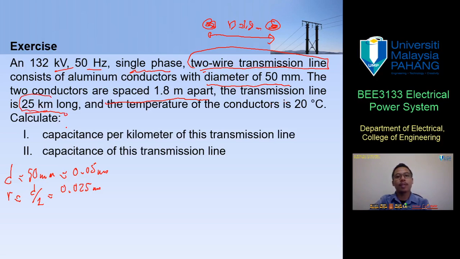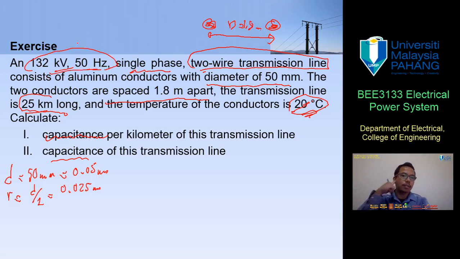Maybe from here to Uday, I just guess. The temperature of the conductors is 20 degrees C. This one we don't need to be concerned with, because the question asks you to calculate capacitance per kilometer, not the capacitive reactance.